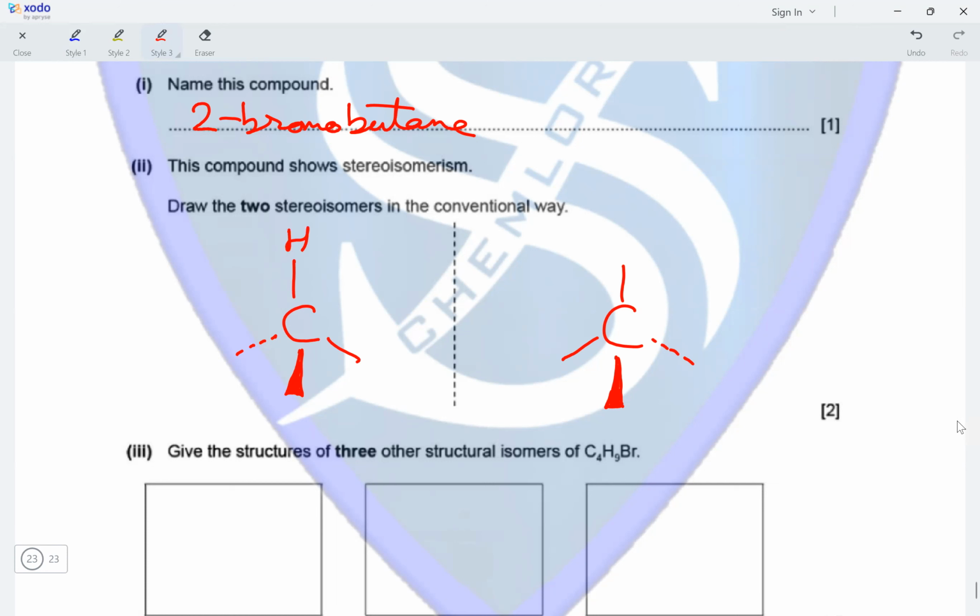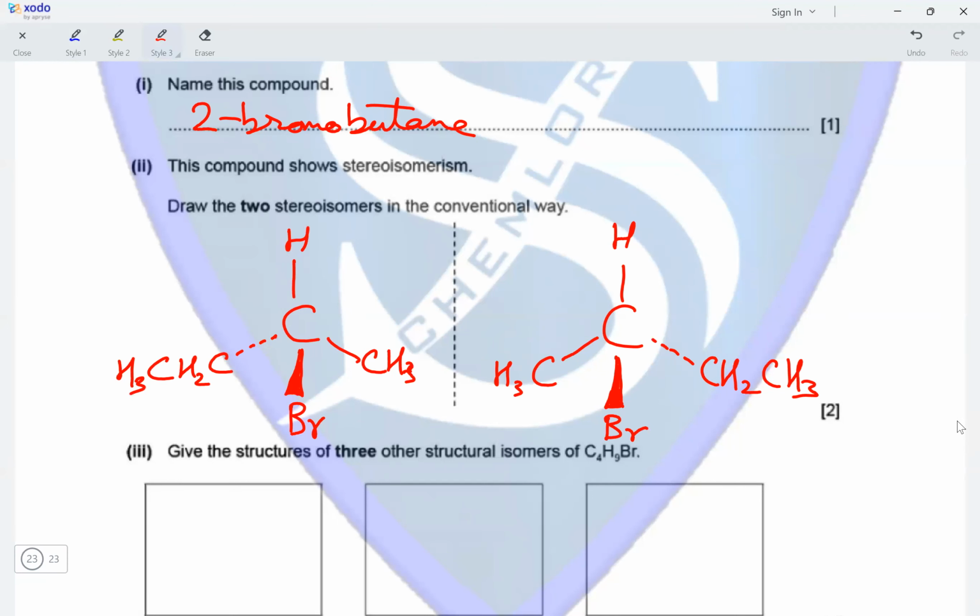So a hydrogen at the top, a bromine at the bottom. If we place a CH3 on the right of the isomer on the left, the CH3 would be on the left of the isomer on the right. In the remaining position, we include the CH2CH3 group to complete the structure of the two optical isomers of 2-bromobutane.